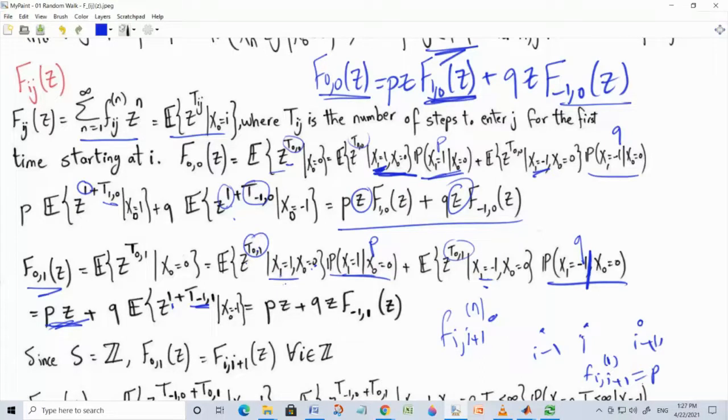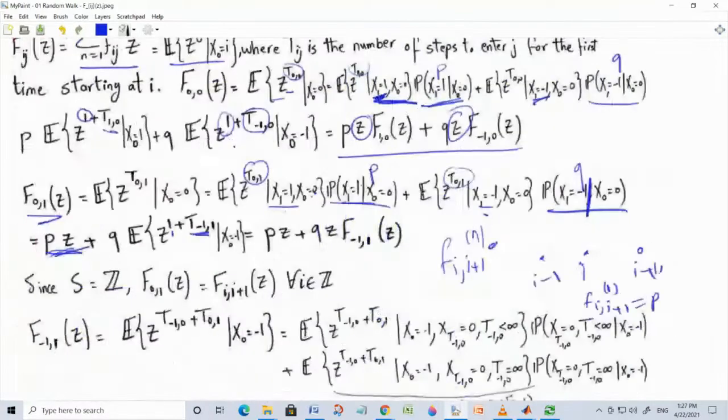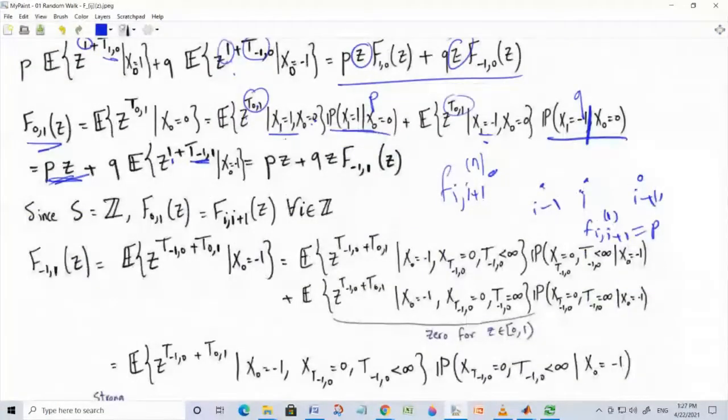That's p. Regardless, because the process is characterized just by p and q, it does not depend on i. For every k, you go to the right with probability p, to the left with probability q. So just from my first step, it's clear that things will not depend on i.